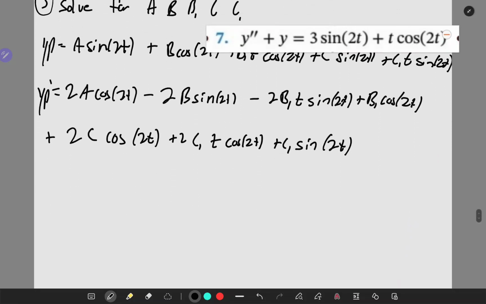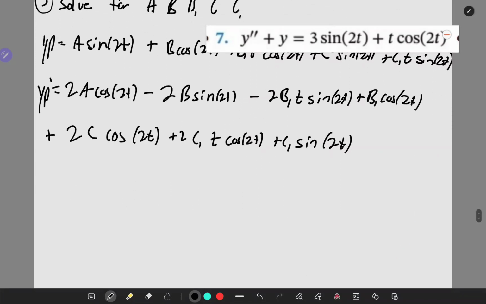Yep, okay. All right, let's keep going. So now we need the second derivative of all of these. So you can see how this gets very long, right? Here, let me box these off.